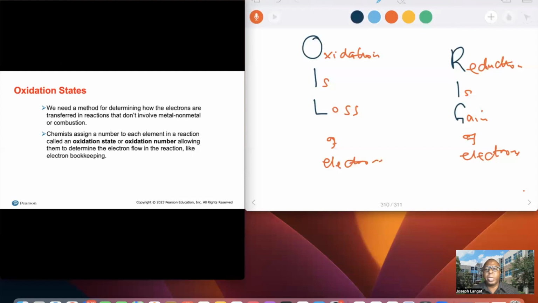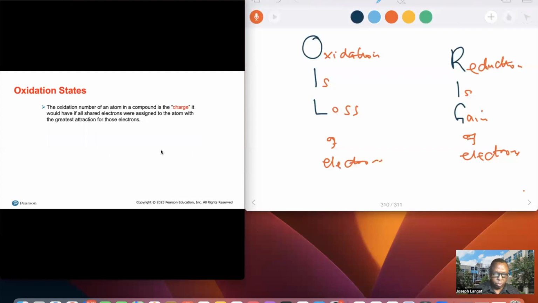Don't think that you can just use the periodic table to get the oxidation number. Well, you may use that, but it is not going to work all the time. I'll show you how you can use the periodic table and then calculate. So you have to be careful when to use the periodic table to assign the oxidation number.